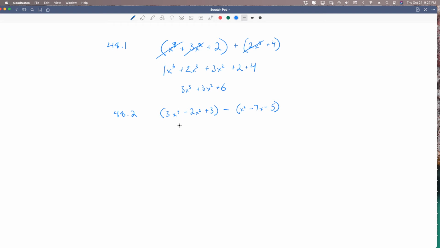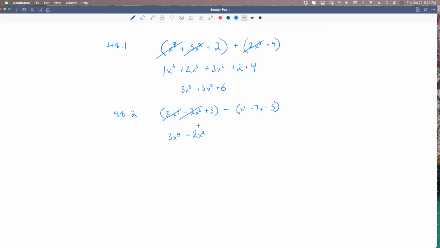So the first thing we're going to do is start with the highest degree, which is 3x to the 4th. And then we're going to look for our next degree, which would be to the 3rd. We don't have one. So let's get rid of that one. Negative 2x squared is our next highest degree. And you want to write these in descending order from highest to lowest. And I'll show you why in a moment.